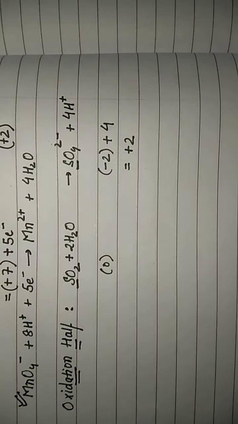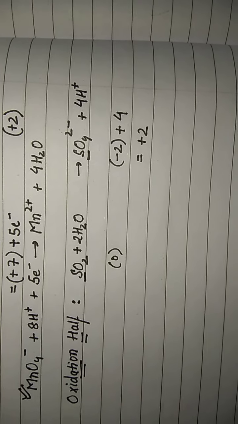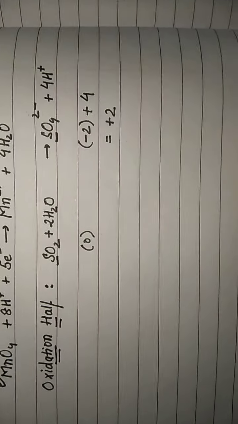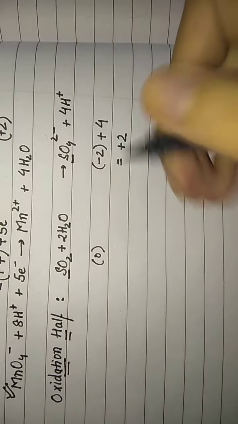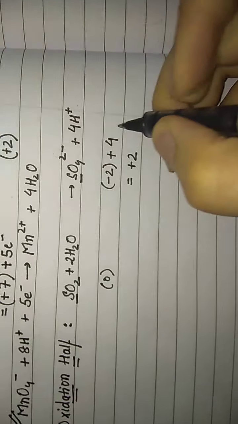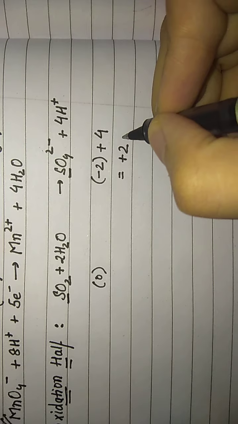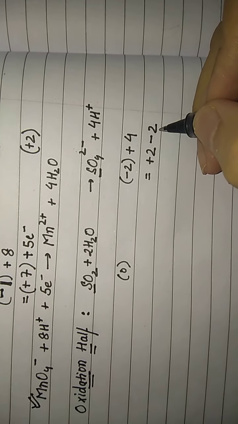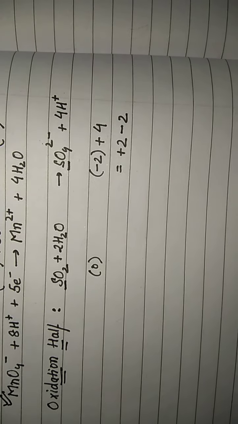Now how do I make the two charges equal? +2 here and 0 here. Okay, now if I get a -2 here, +2 and -2 will cancel out, giving you a total charge of 0.